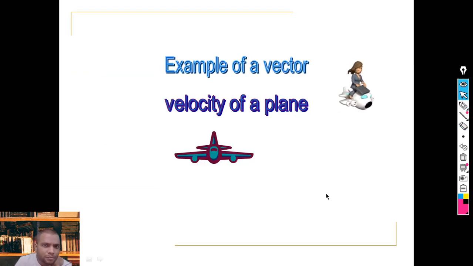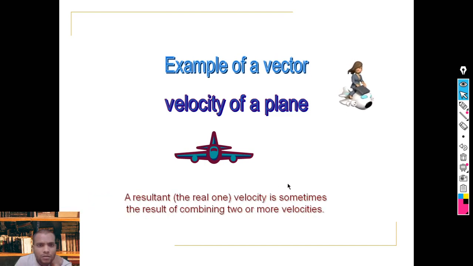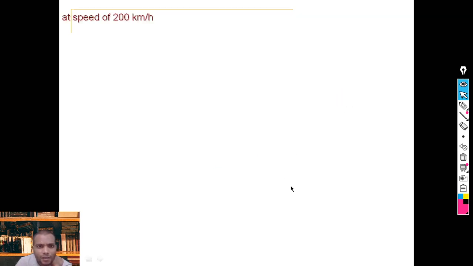Let us see one example. Example of a vector: velocity of a plane. Here we will try to find the resultant velocity, since velocities can sometimes be added, combined. Let us take a situation.